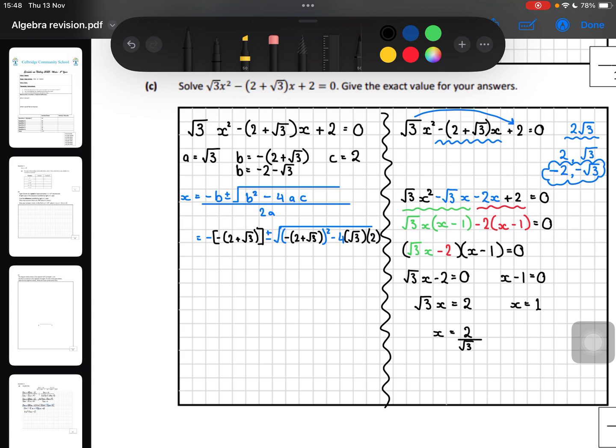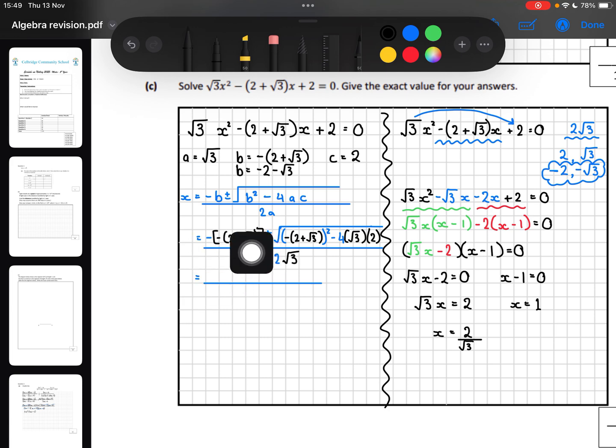And don't forget the square root has to be over all of that. And then that's all over 2 times square root 3. Okay, so you could really, really carefully type that into your calculator. Or you can try and do some more of it out just in case you were to make a silly mistake putting it into your calculator.